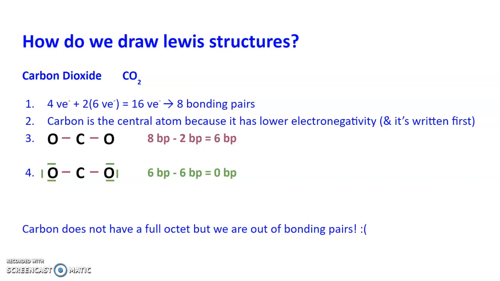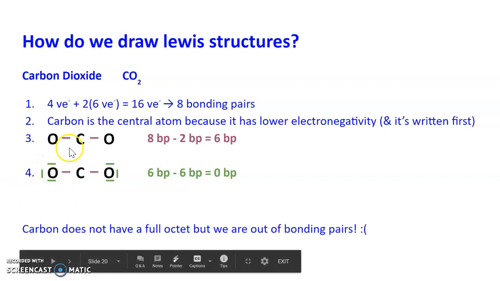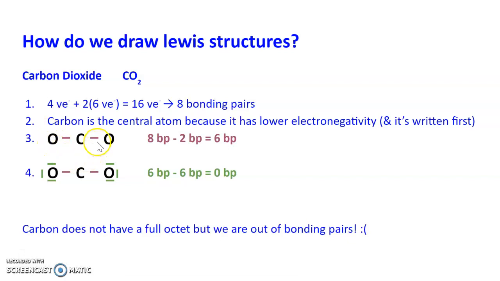Carbon is a central atom because it has a lower electronegativity than oxygen, plus it's written first in the formula. Then you can see we have our third step, which is to stick the other elements to the central atom. So we have 2 bonding pairs holding the oxygens to the carbon.